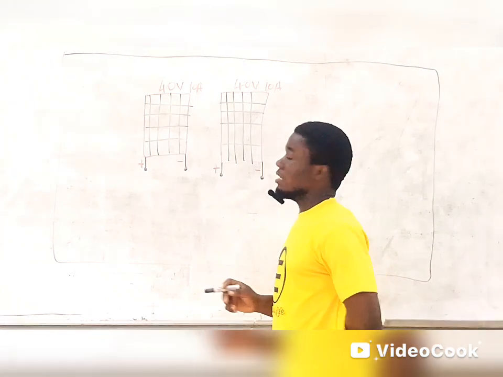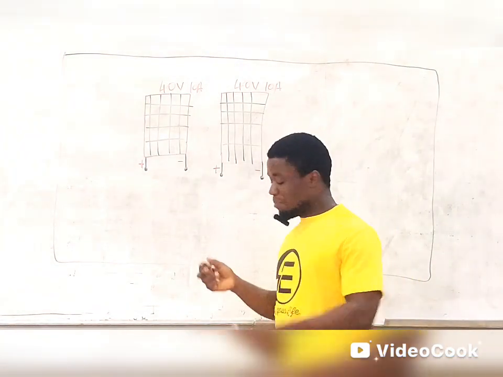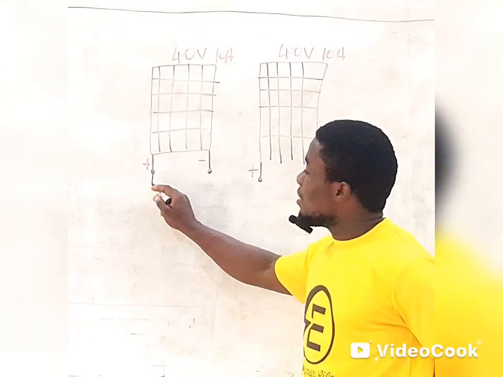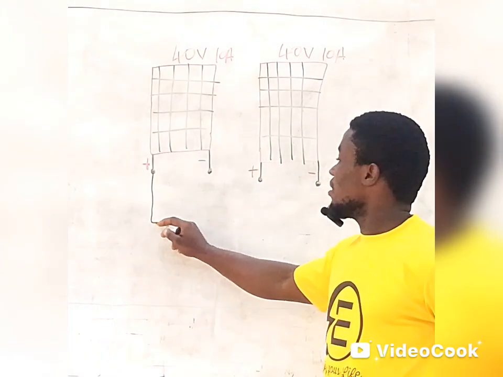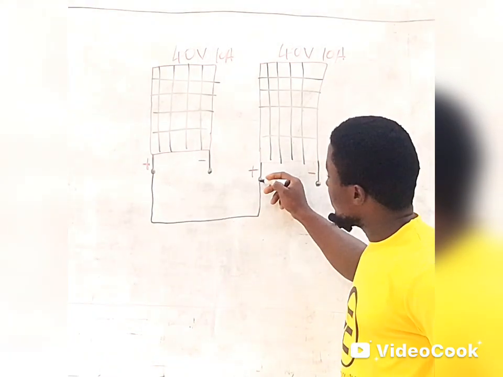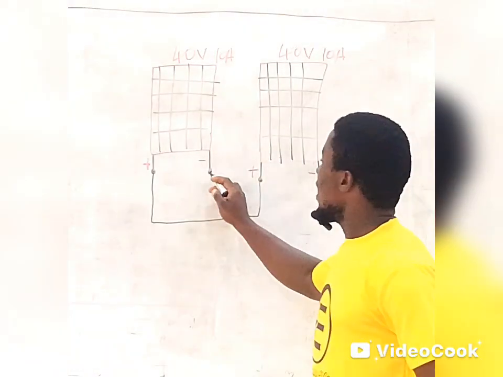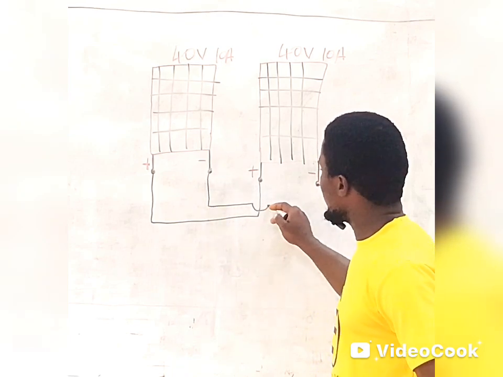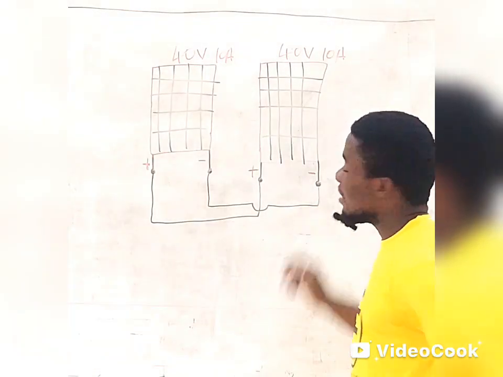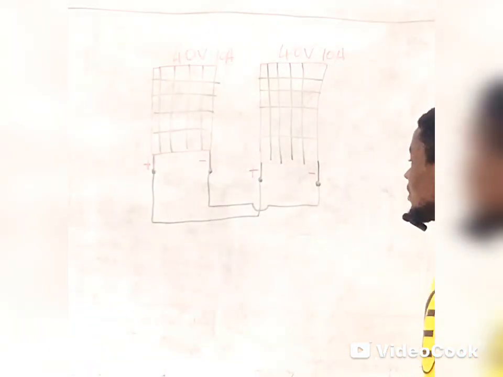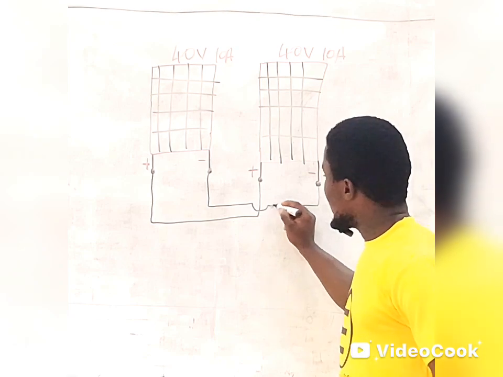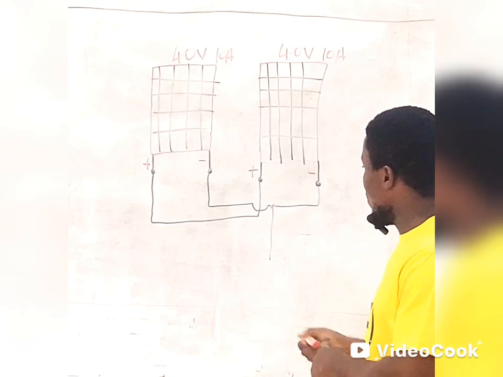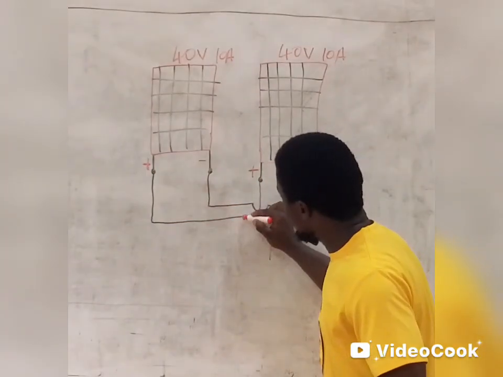When connecting a panel in parallel, it simply means that the positive terminal of the first panel will be connected to the positive terminal of the second panel, and the negative terminal of the first panel will be connected to the negative terminal of the second panel. We will now consider this to be our outputs.